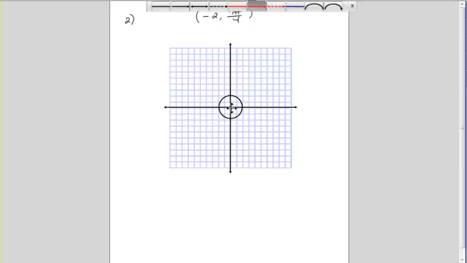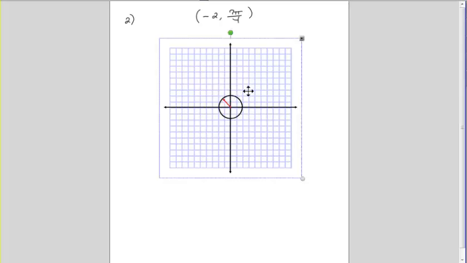So 7 pi over 4 would be this angle. But because this is a negative number, this goes the opposite direction. And so that is going to be the end point right there. So that would be the coordinate.